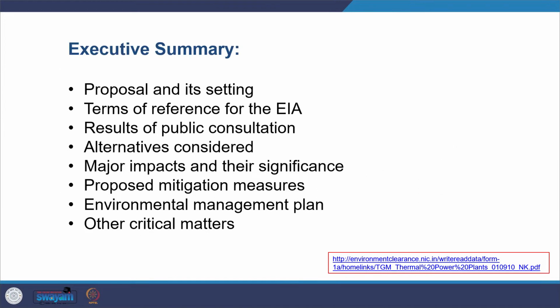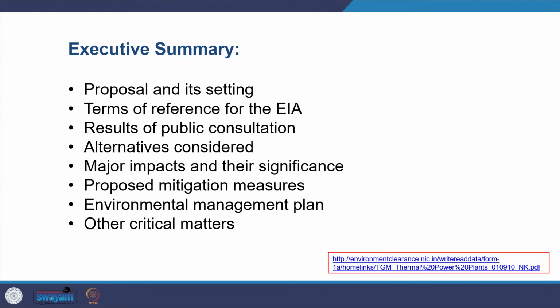Looking at the executive summary, it should describe the proposal and its setting in a very brief manner. The terms of reference become very key here, because that's the line along which you need to work, and that is what is desired as the output from your EIA report.